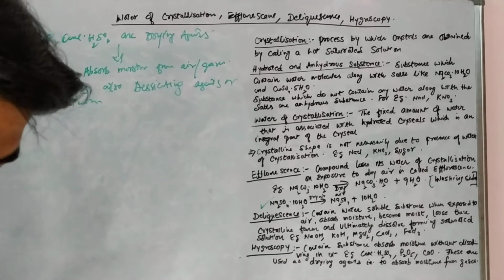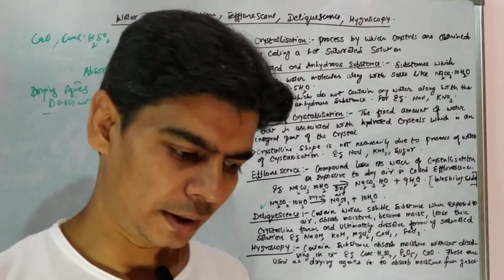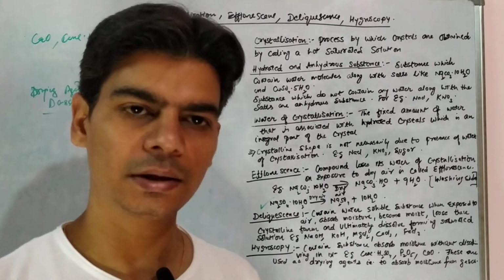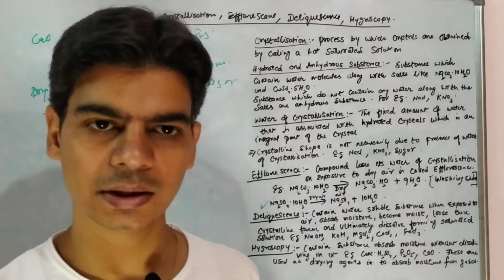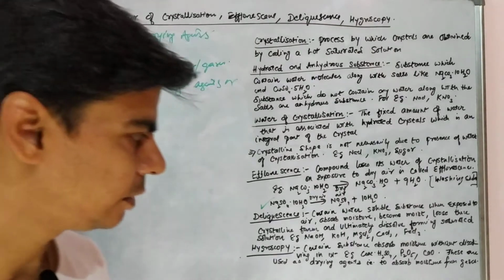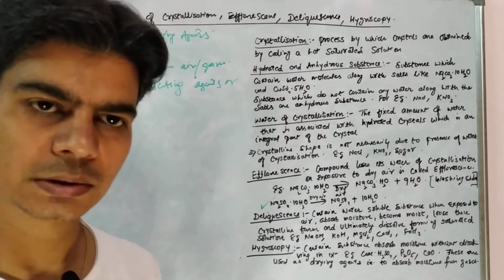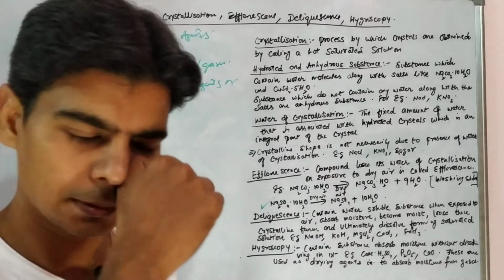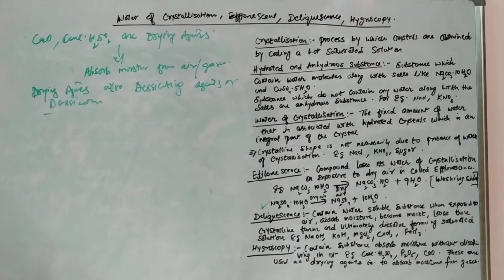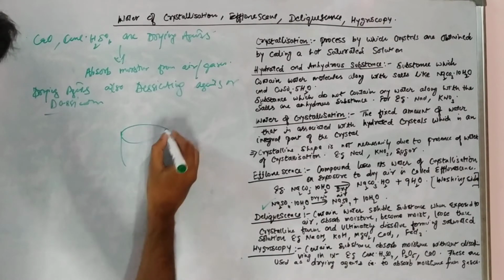A desiccator is a kind of container which has a drying agent in it. It's an airtight container that has a drying agent at the bottom, and the work of that drying agent is to absorb moisture from any substance that is placed in the desiccator. You can see that diagram in the book. It's this kind of diagram.